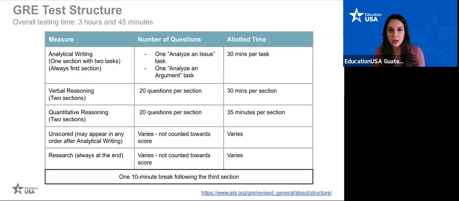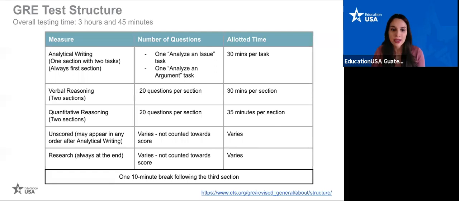Then comes this strange element of the unscored section, which is a section that won't count towards your score, but that may come at any moment after the analytical writing part. And you have to answer it because it's part of the order of your exam. And you should become familiar with this because you don't want to be surprised, like we were mentioning before. And then there can be an optional part that's called the research section. It also does not count towards your score and normally comes towards the end.